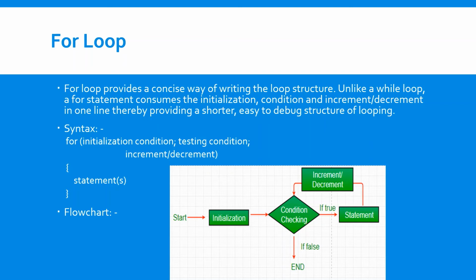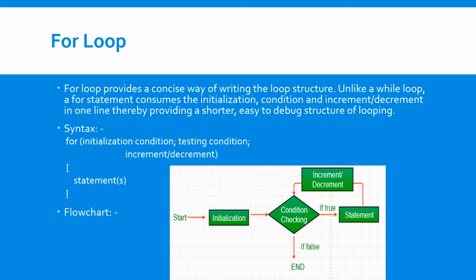Once the condition is evaluated true, the statements in the loop are executed, and after that the execution is finished. The increment or decrement is used for updating the variable for the next iterations, and the loop terminates when the condition becomes false.